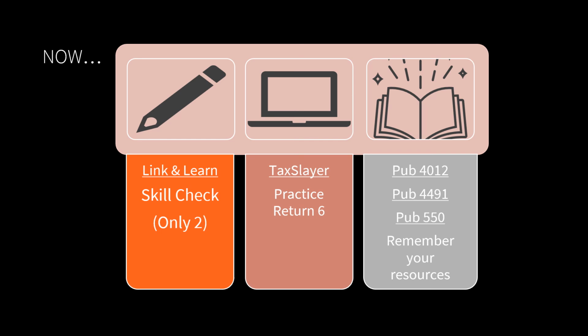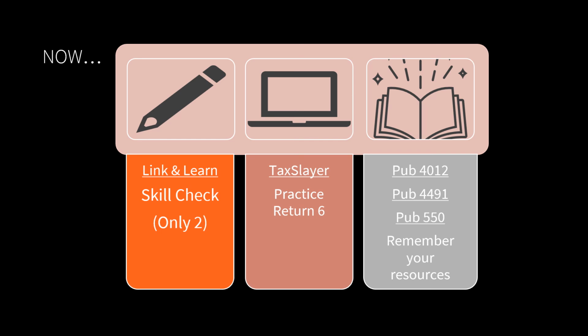So now that we've discussed how to report capital gains and losses, here's what I want you to do. Head on over to Lincoln Learn and do the skill check. There's only 2 of them. If you're in Accounting 496, there is a quiz of 10 questions that include topics from this lesson as well as our last lesson, the exclusion of canceled debt on a principal residence.